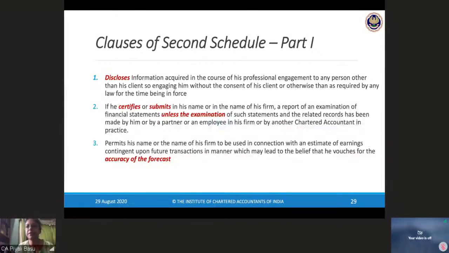Many times it happens. The worst part is that if you inadvertently, without your knowledge, share some critical, confidential information, the client's information, with others unknowingly, unintentionally, then there is a major problem. You don't know that you have shared, but you are falling under misconduct. Knowingly, if you do it, that's a separate issue altogether.